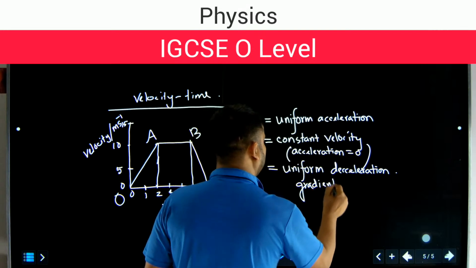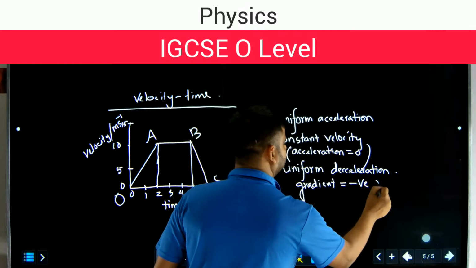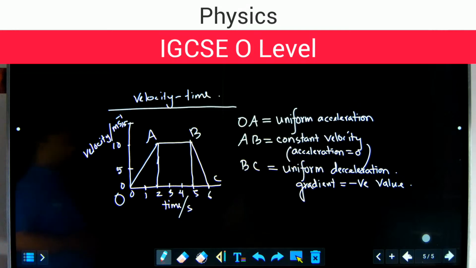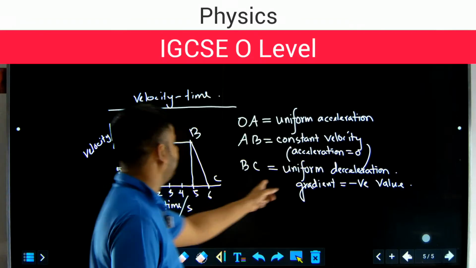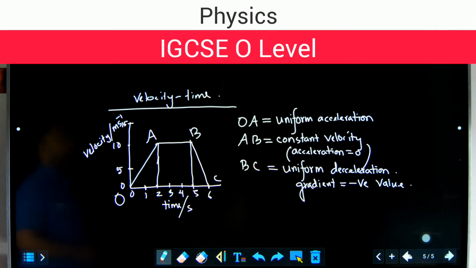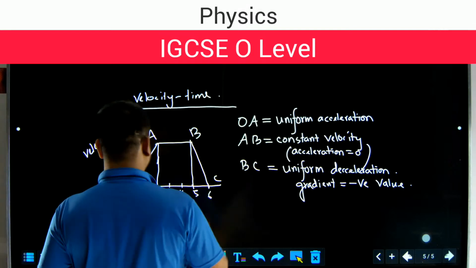A negative value of the gradient of a velocity time graph represents uniform deceleration. Because it is a straight line, that's why uniform, and deceleration because velocity decreases with time.